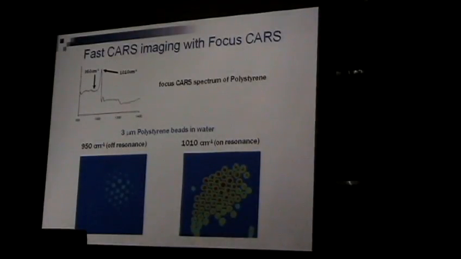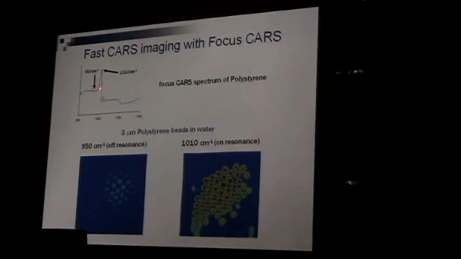Alright, so we want to test it. We selected polystyrene beads, which we are using all the time. This is the spectrum taken from polystyrene beads with this pulse shaper. It's not that great, but anyway, polystyrene has a major peak at 1,000 wave number, and you can see this.